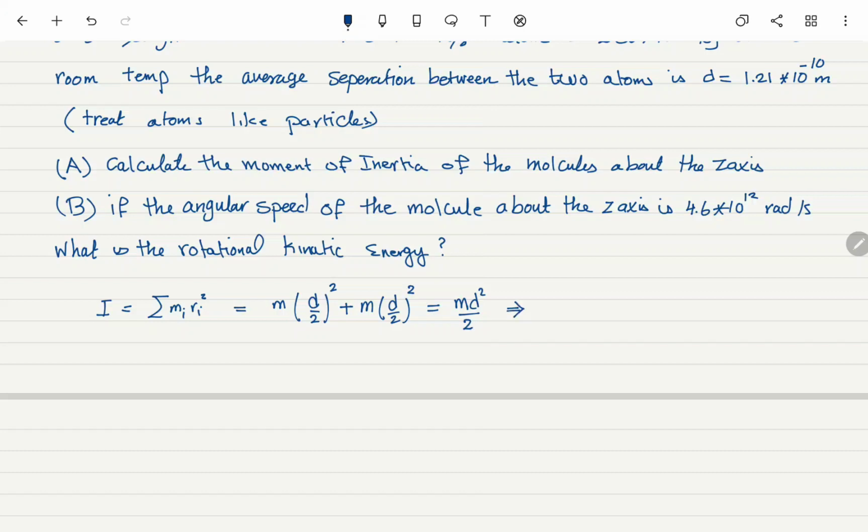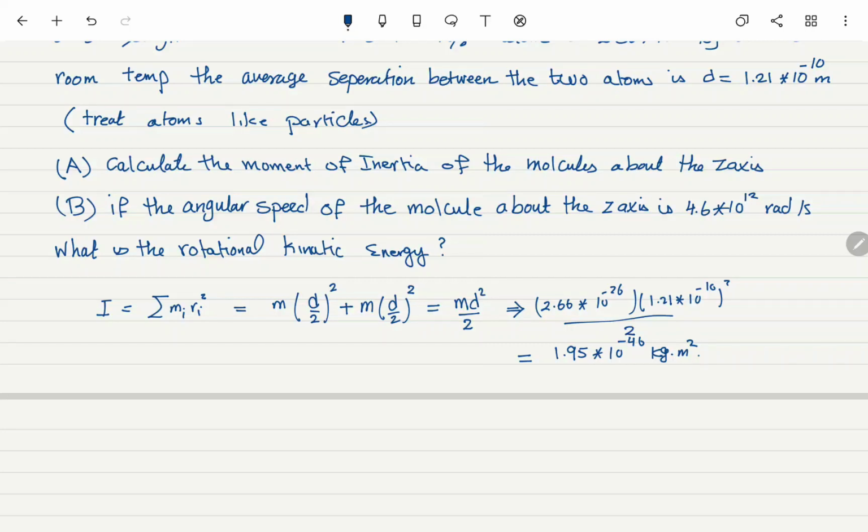You substitute numbers: 2.66 times 10 to the power minus 26 times 1.21 times 10 to the power minus 10 squared divided by 2, and the answer will be 1.95 times 10 to the power minus 46 kilogram meter squared. So this is the moment of inertia of the molecule about the z-axis.